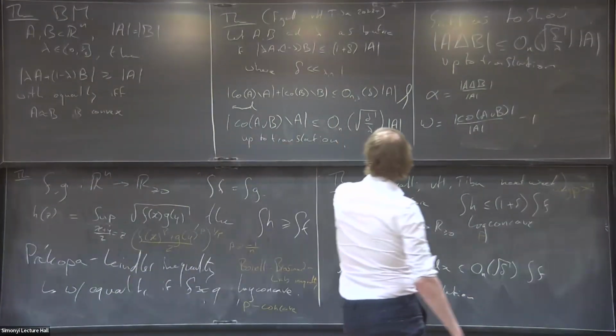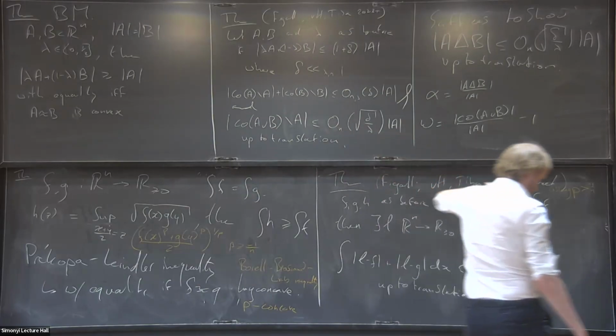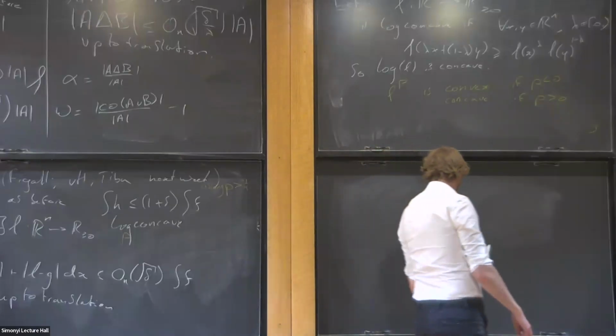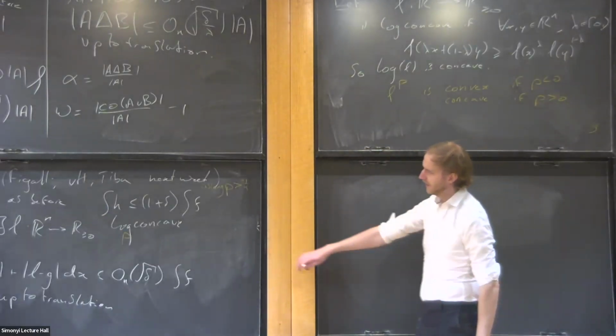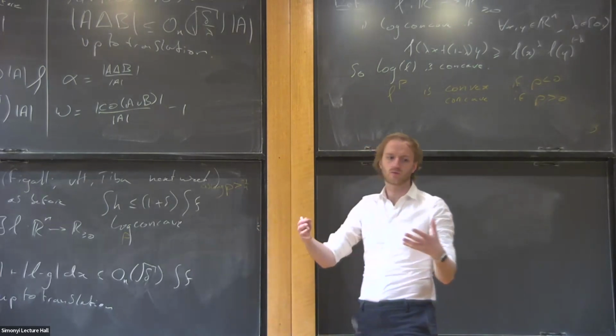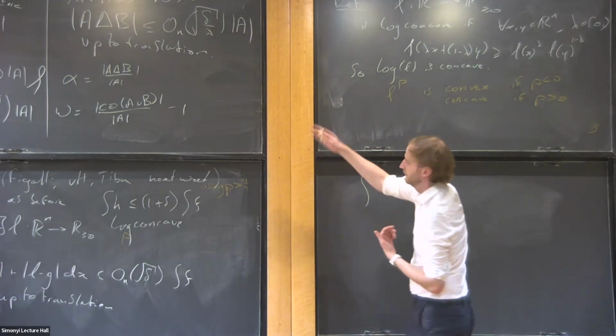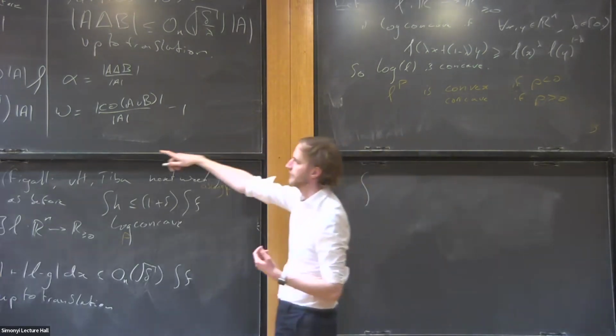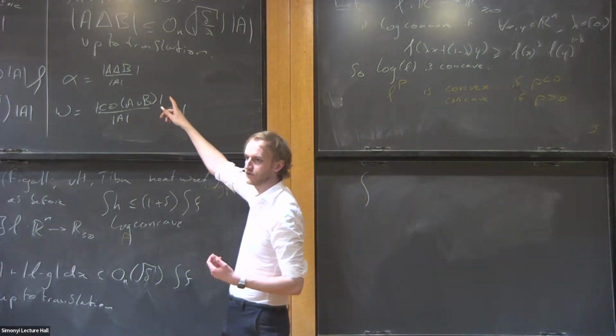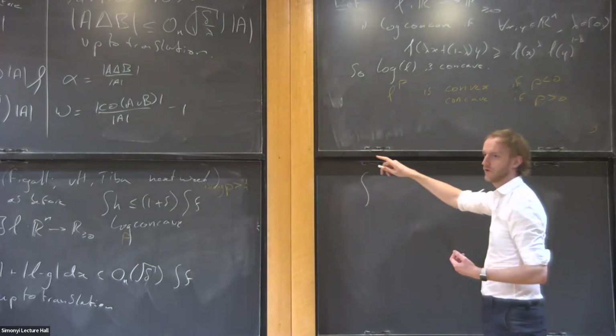Now, akin to the result that I mentioned before for Brunn-Minkowski, our proof of this result falls into two parts, the same parts that we saw before, namely proving a linear result and proving a quadratic symmetric difference result.